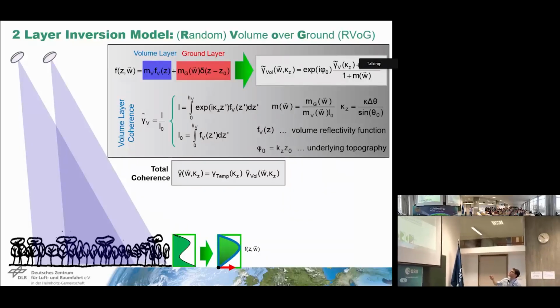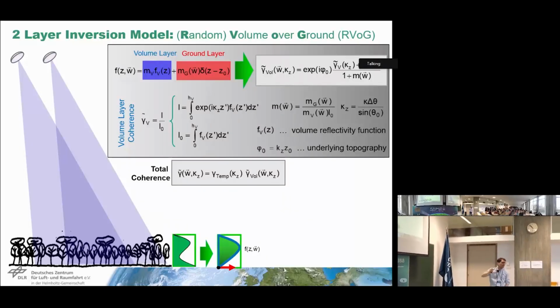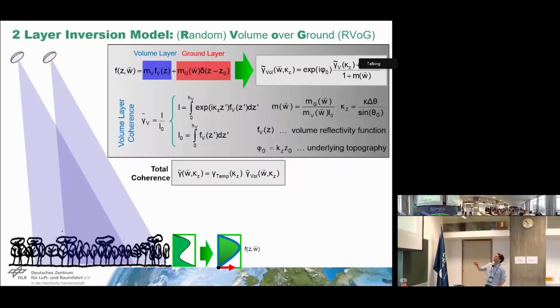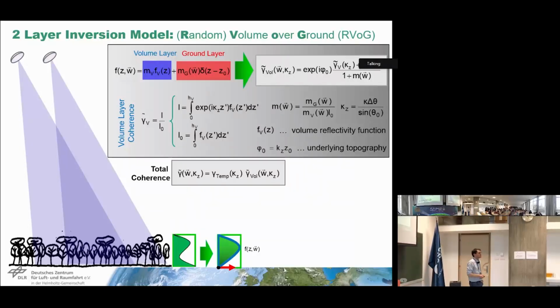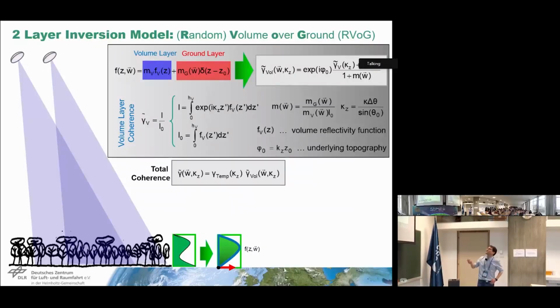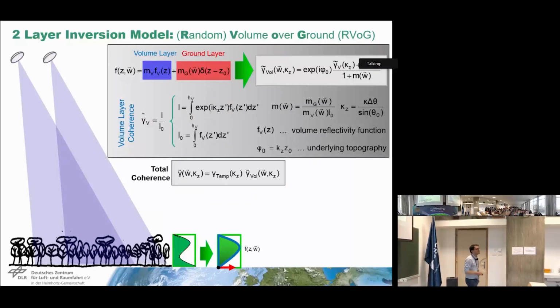And then you have the volume decorrelation, so the volume only without the ground. And then you have a parameter which is called the ground to volume ratio. This basically accounts for the difference of scattering powers between the ground and the volume. It's just a ratio between these two scattering powers. You see, it's a rather compact equation. It also has a number of interesting algebraic properties. But this is not the focus for today.